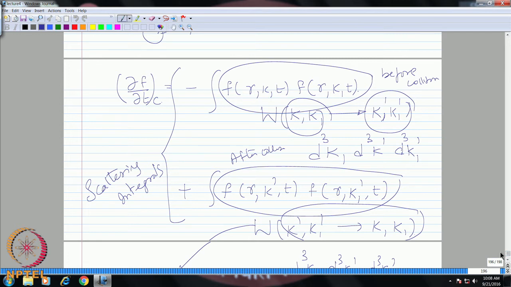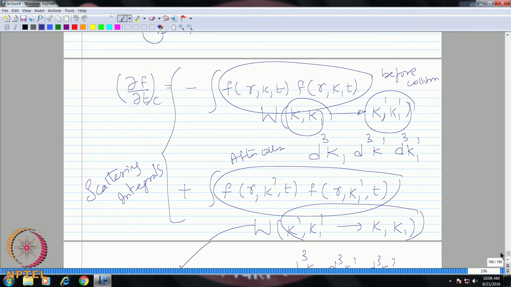So, from a present state, say k is your present state wave vector, it collides with another particle which has k 1 as its wave vector, and then after collision the respective wave vectors become k prime and k 1 prime.